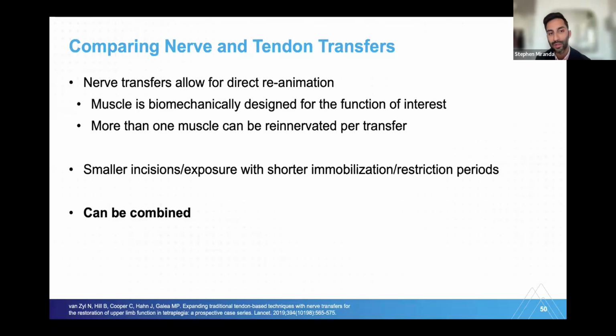And sometimes, depending on how you plug these nerves in, they can send axons and signals to multiple muscle groups. Nerve transfers also require smaller incisions and exposures, and we can keep patients immobilized in a sling for shorter periods of time. But the real power is that we're not comparing one or the other; now we have another tool and we can use them in combination. Dr. Van Zyl in Australia has really been a pioneer of this work, and her citations are below.